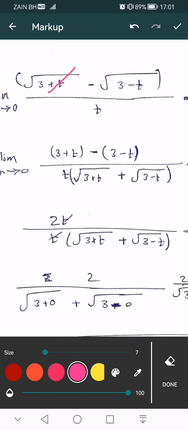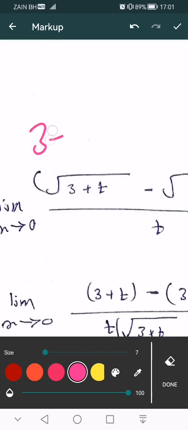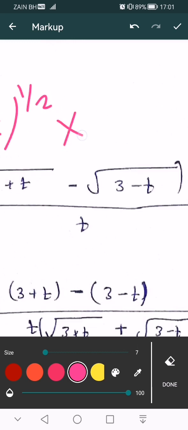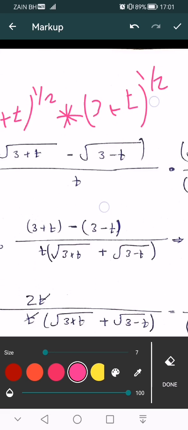Because the bracket is gone, for example here, I multiplied 3 plus t, whole to the power half, by 3 plus t to the power half. By the multiplication rule, you sum up the powers, so half plus half is 1.